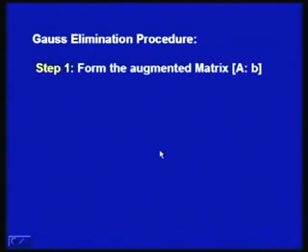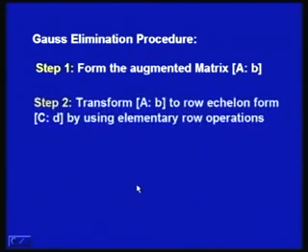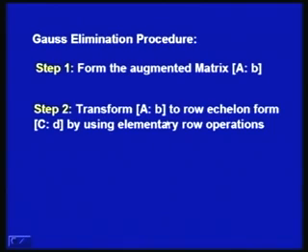So, the Gauss elimination procedure, this procedure was given by Gauss, this uses this concept. So, the first step is form the augmented matrix from the given system of equations. Second step is transform the augmented matrix A B to row echelon form C D by using elementary row transformation, and here we have actually used that theorem that after transforming this A B to C D in a simpler form, the solution of the two systems remains the same.